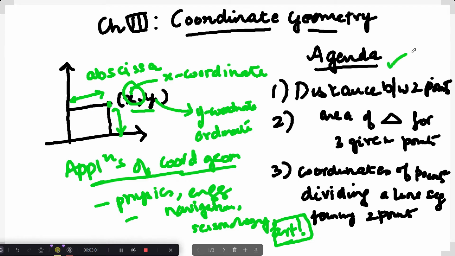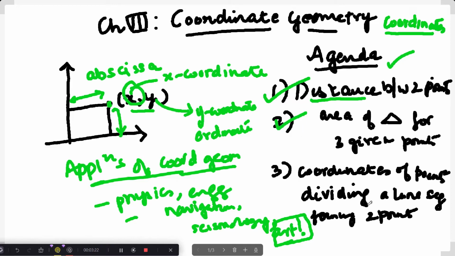So the agenda of this chapter is to find the distance between 2 points whose coordinates are given. If the coordinates of 3 points are given, we find the area of the triangle.